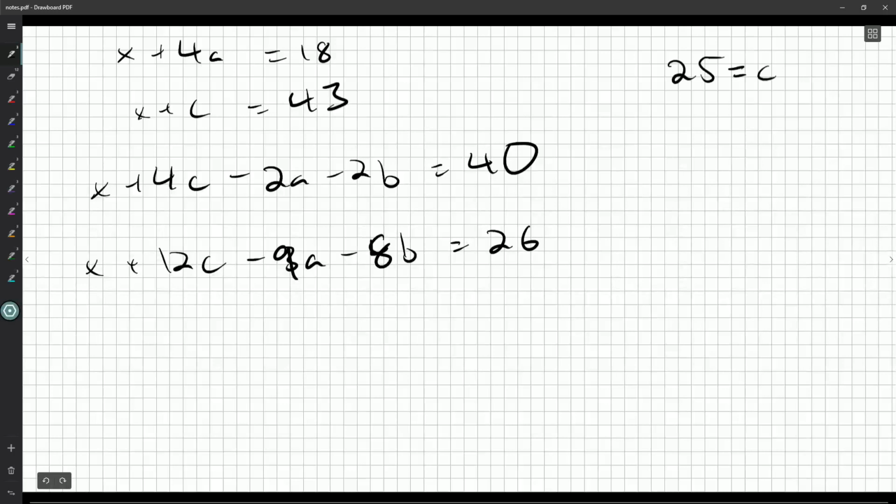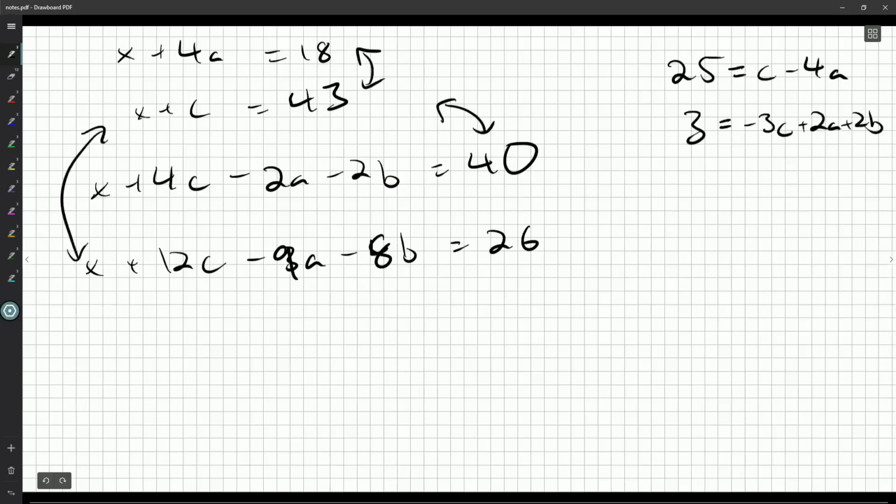So 25 should be c minus 4a. And 3 should be negative 3c plus 2a plus 2b. Just taking these two equations and subtracting these two, and now these two. So 43 minus 26, that'll be 17, is 9a plus 8b minus 13c. So there, I got rid of all the x's.